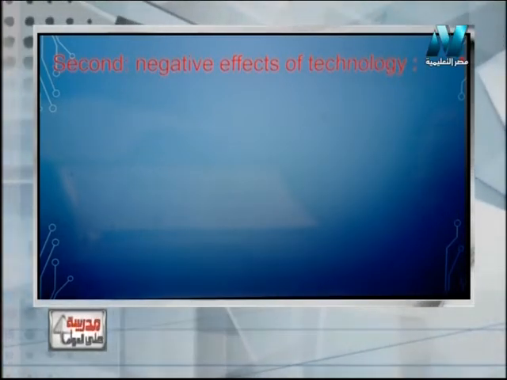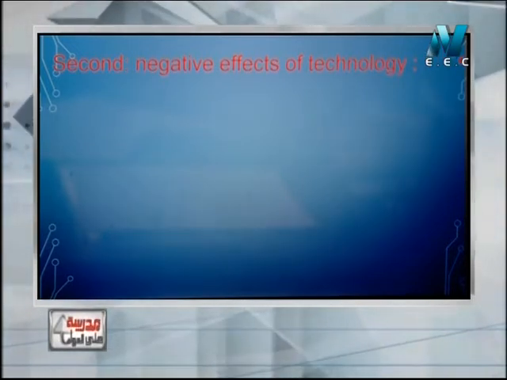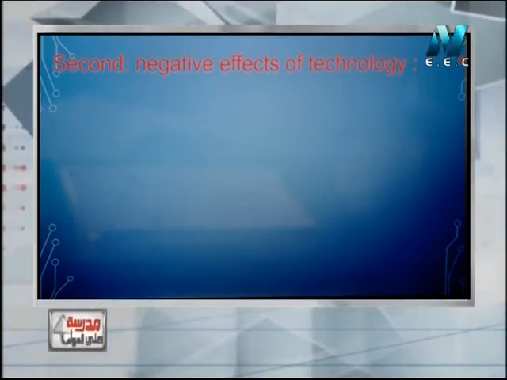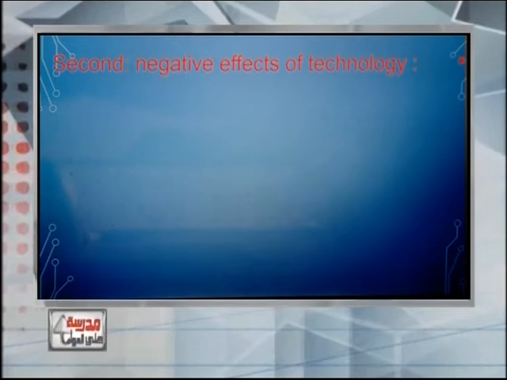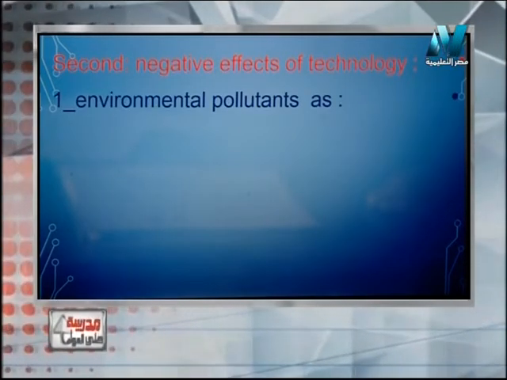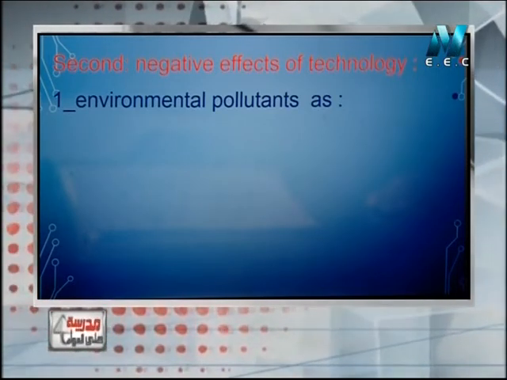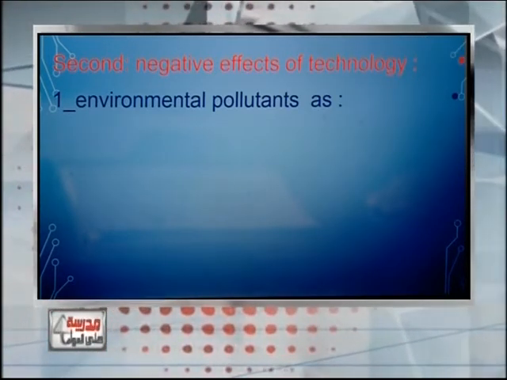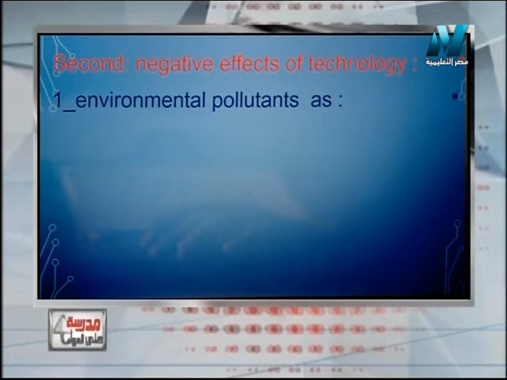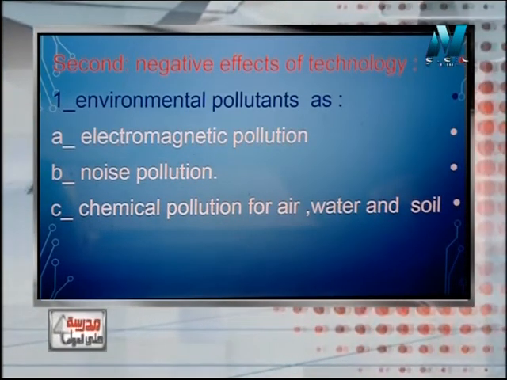We talked about positive effects and now we talk about negative effects, because each type of technology has two phases, positive and negative effects. Number one, some bad or negative effects on environment. It's called environmental pollutants, ملوثات بيئية. As what? A, electromagnetic pollution.